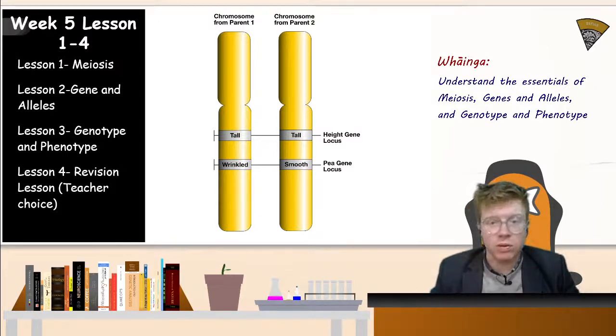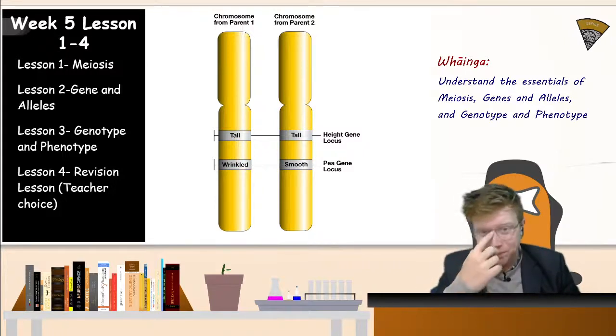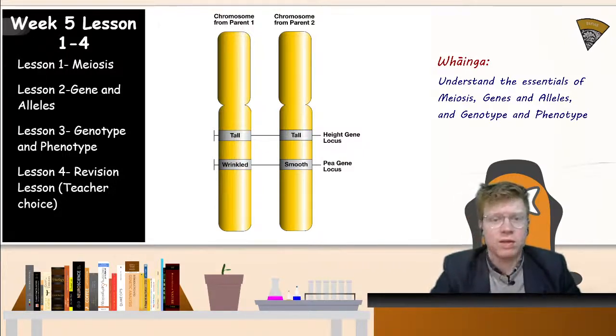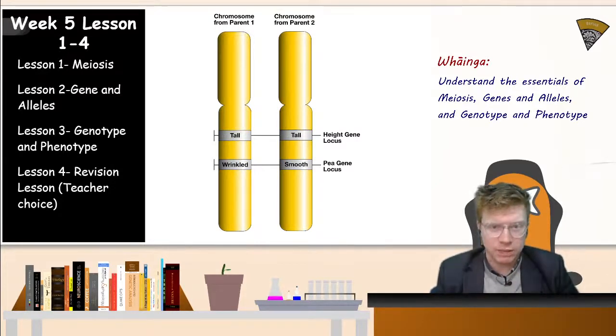For those of you who know your genetics history, you might recognize these as being part of Mendel's peas, and we'll talk about Mendel in a later week, one of the OGs when it comes to studying genetics. You'll notice that there's 2 traits identified on there: the height gene and the pea gene, or really what the phenotype of the pea will look like.